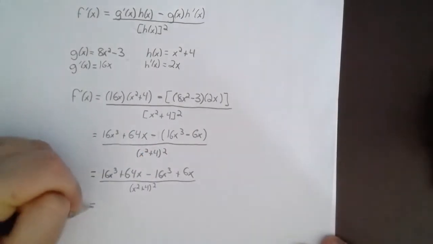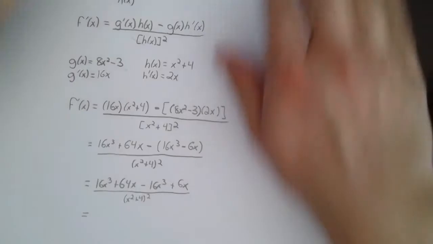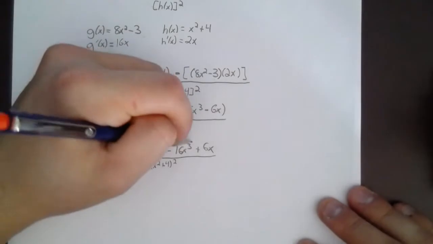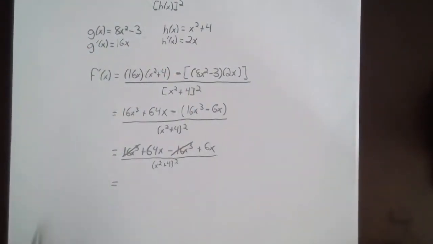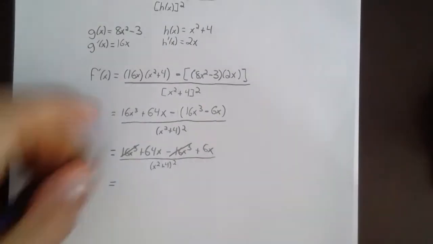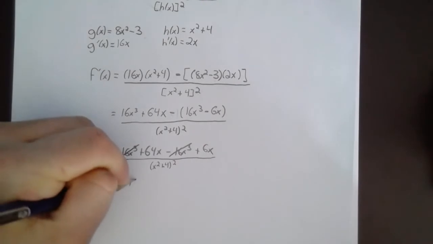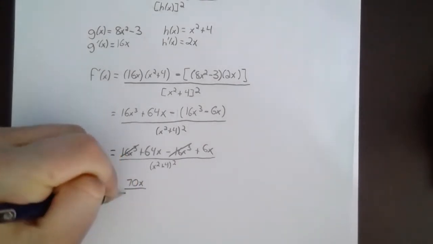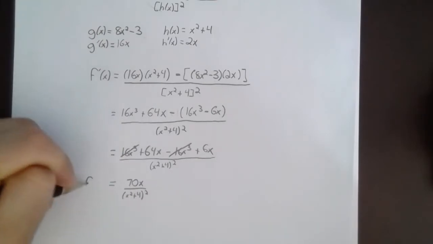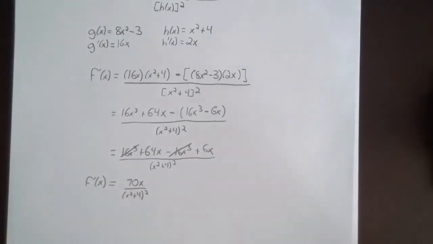What tends to happen when you're doing the quotient rule is that your highest degree will cancel out. So I have 16x cubed minus 16x cubed, so I just cross that out. Now I can collect my like terms. 64x plus 6x is 70x over x squared plus 4, squared. Okay, so that's the derivative of my function here.